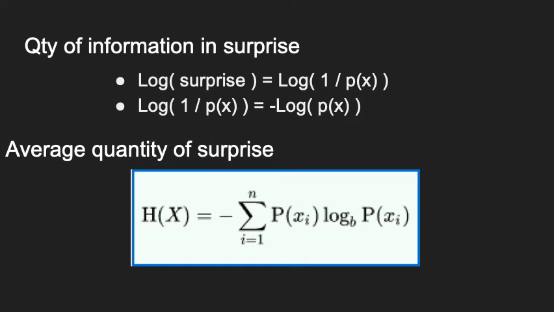That also allows us to compute the average quantity of surprise: for every class, for example from i to n, the log of the probability for that class multiplied by the probability of that class. That gives us the average quantity of surprise, and this is called the entropy.